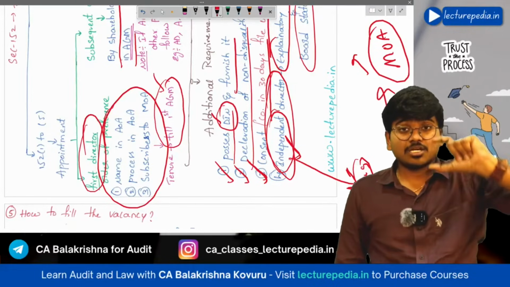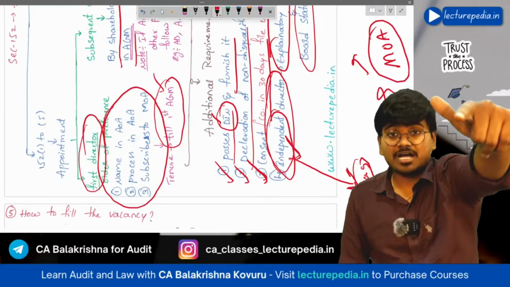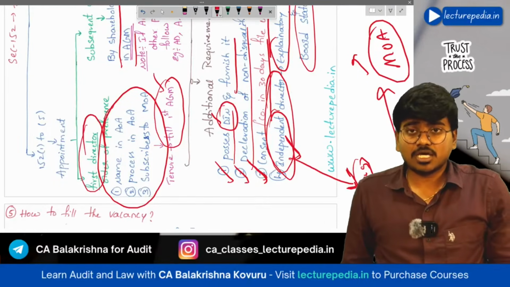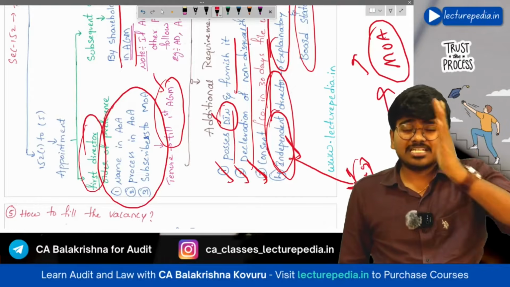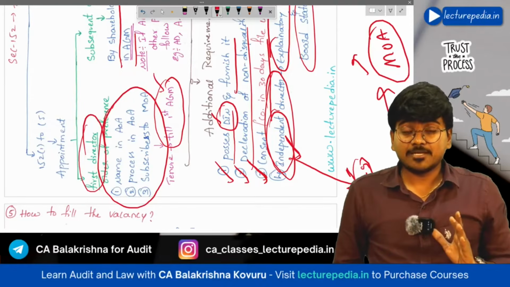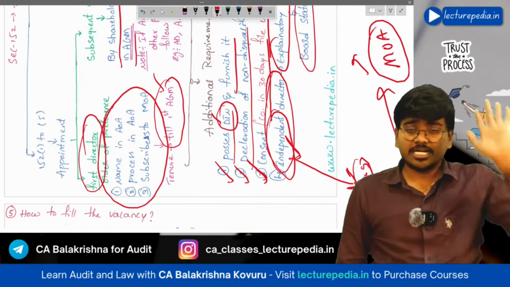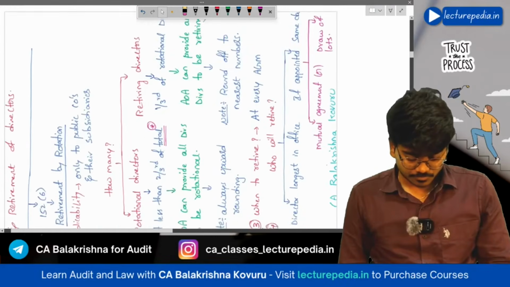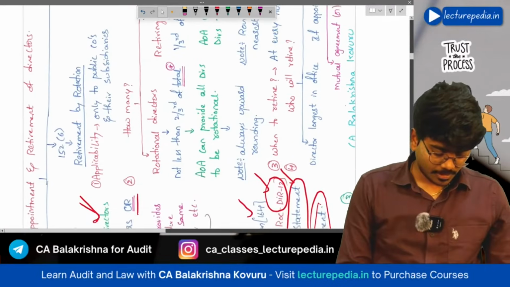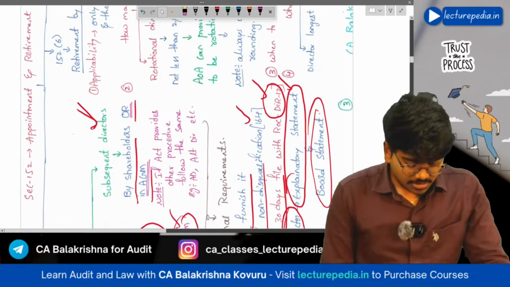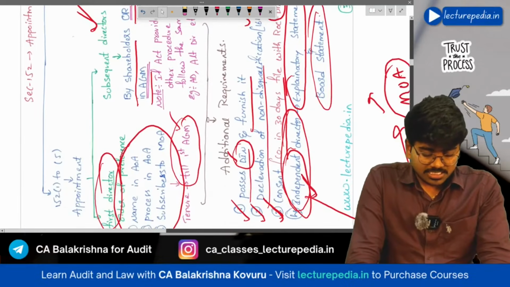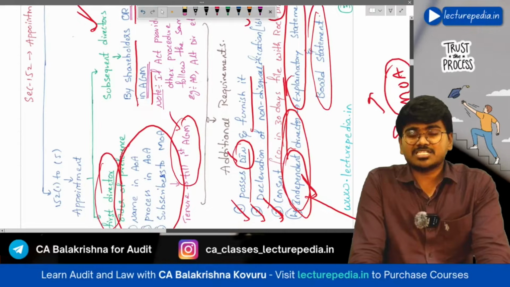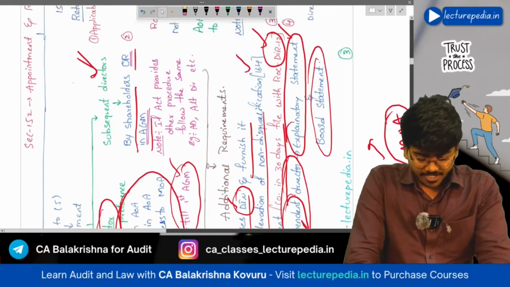If the person qualifies all those requirements, only that person has to be appointed as an independent director. There are a lot of requirements that an independent director needs to satisfy, which we will be discussing later on. So that is the discussion with respect to appointment of director, which is Section 152 Subsection 1 to Subsection 5.